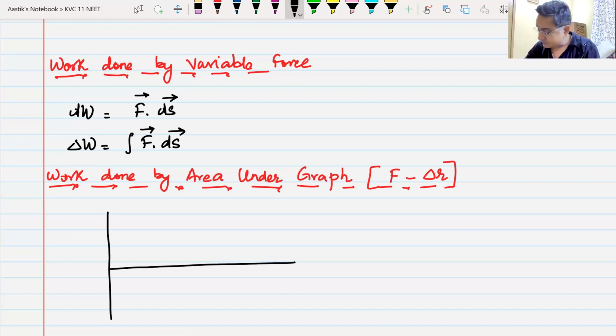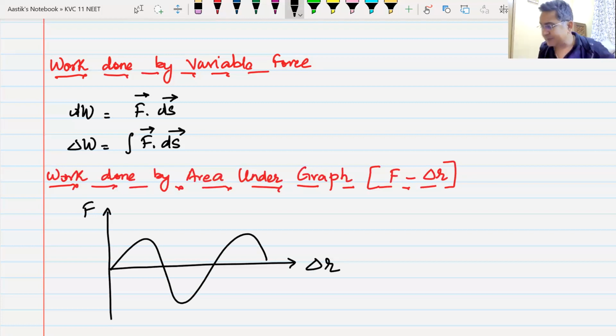So let us say force will be plotted on the y-axis and displacement would be plotted on the x-axis and some sort of graph would be given. I have just drawn a random graph. This is a sine wave I have drawn, but the graph would be very simple. It would be a straight line graph. What you have to do is you will have to find out the area under this graph.